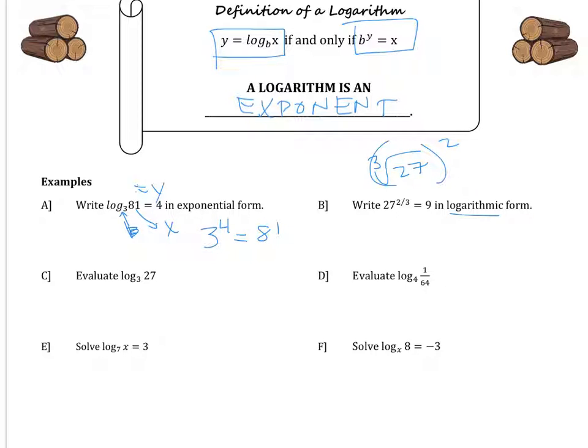The 27 is like your b, the 2/3 is your y, the 9 is your x. So log base 27 of 9 equals 2/3.